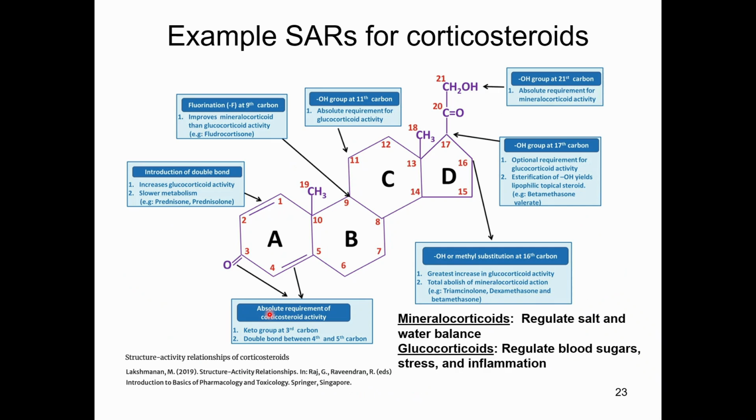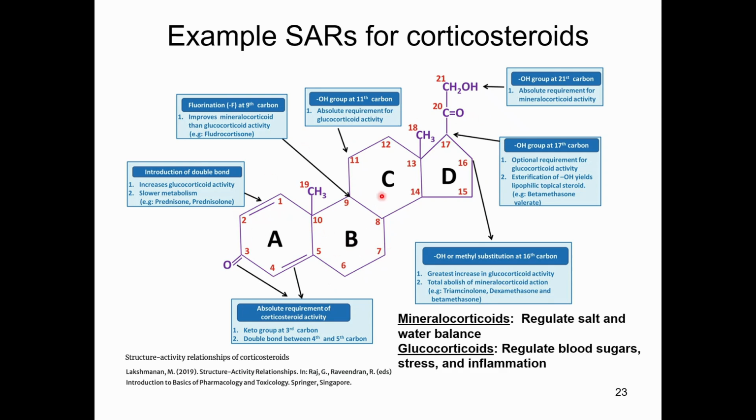So here's an example. I want to show you one example, and it's an example of corticosteroids. We're going to look at the structure of this and see how tweaking different components of the chemical structure affects the activity and behavior of this drug. So the base of corticosteroids is a 4-membered steroid ring structure, which you can see in the center here.